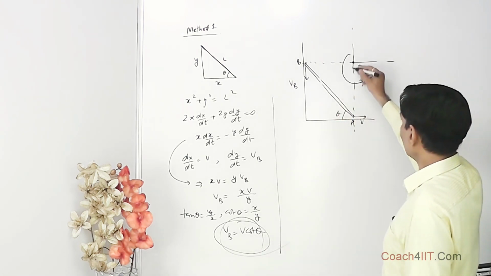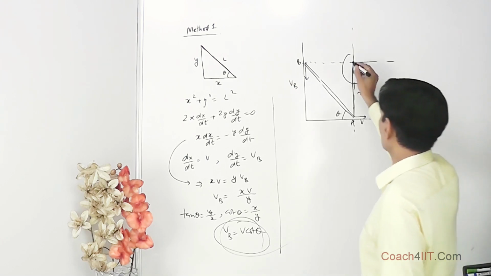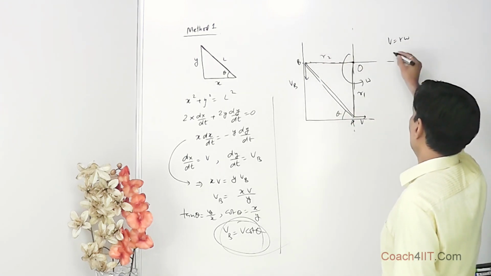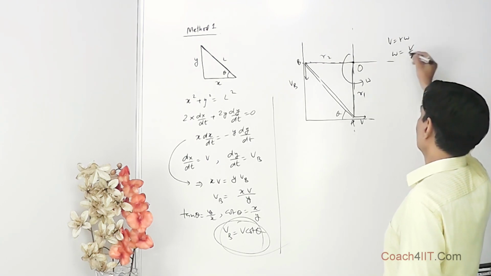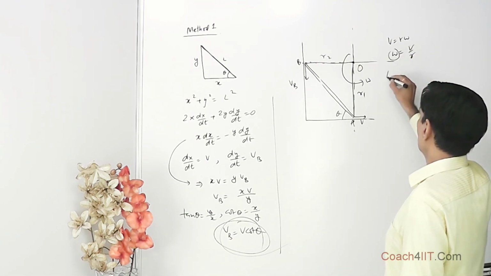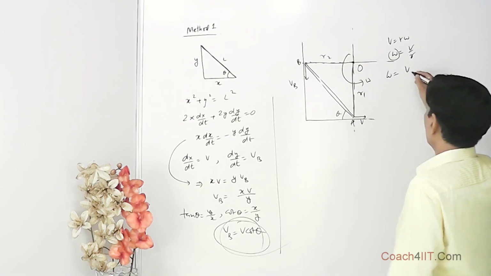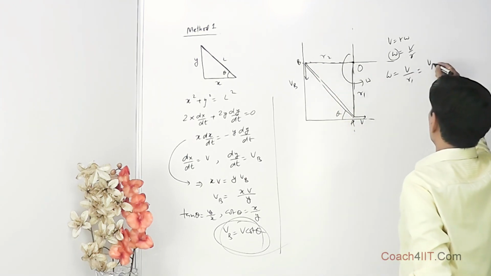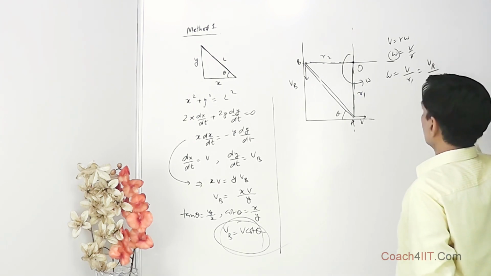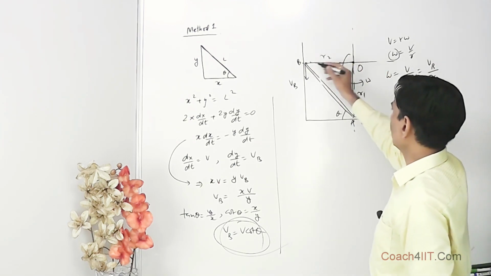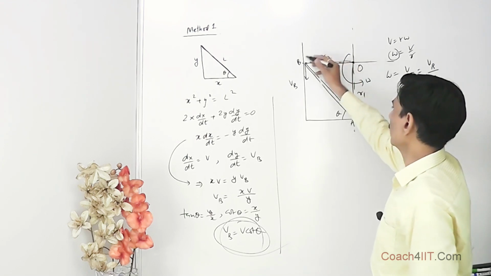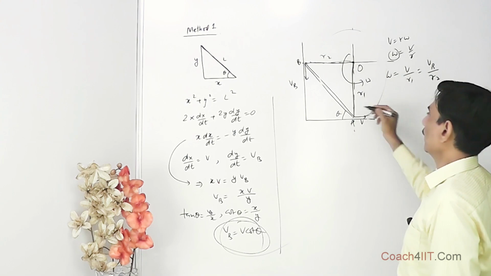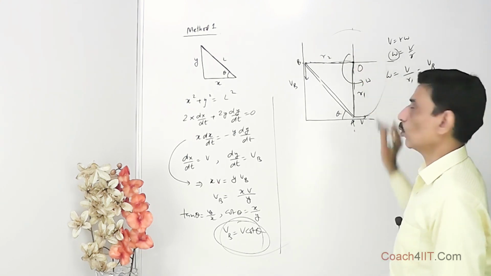The omega for the whole body has to remain the same. If we take these distances as R1 and R2, V is equal to R omega, or omega is equal to V by R. So omega is equal to V by R1, which should be equal to Vb by R2. This end is moving in a circle of radius R1 and the other in a circle of radius R2, with the same omega for the whole body.